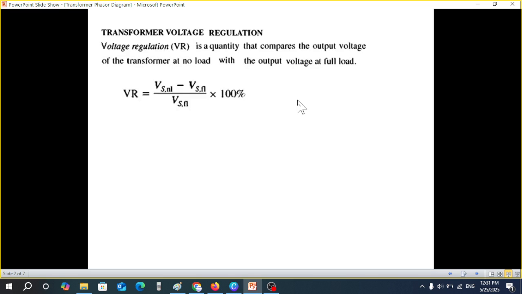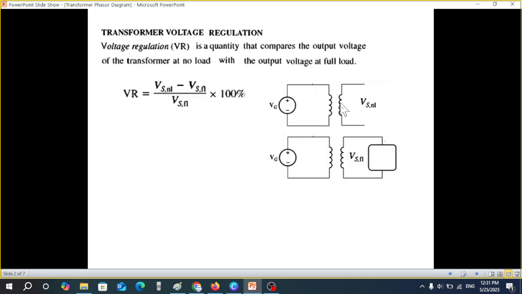Now we'll start with what is known as transformer voltage regulation, and this is one of the formulas given: Vs no load minus Vs full load, S for secondary, divided by Vs full load. Let's see from this diagram: here is the primary side and secondary side, and when nothing is connected, it will become V secondary no load.